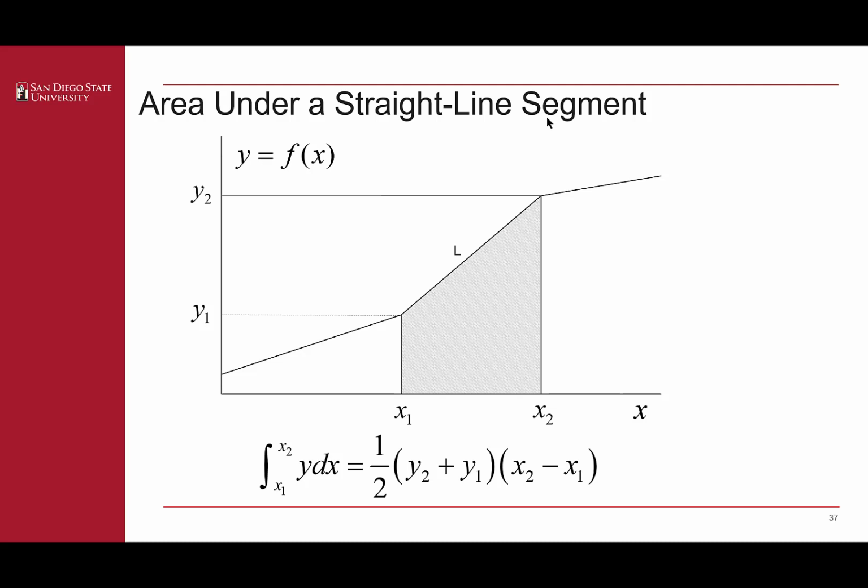For instance, the integral from x1 to x2 of y dx could be the area under the line segment called L, the middle segment, because on the x-axis, this segment is bounded by x1 and x2. And this is equal to 1 over 2 times (y2 plus y1) times (x2 minus x1). And this derivation is purely geometric.